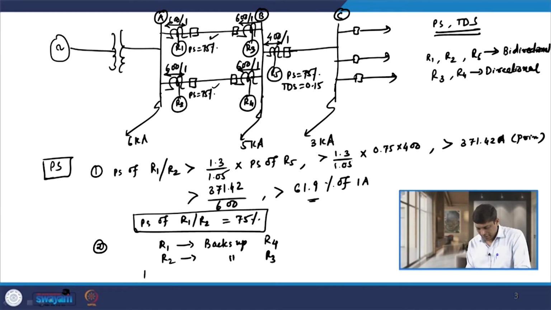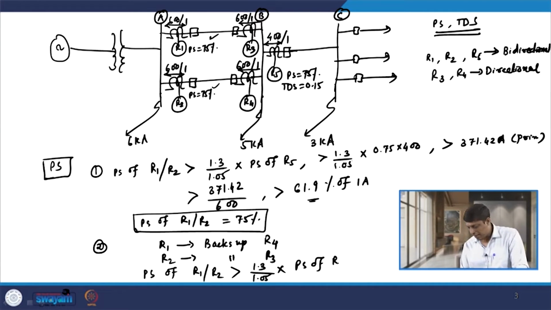So, I can write down the plug setting of R1 and R2, that is greater than 1.3 by 1.05 into the plug setting of R4, as R1 backs up R4. So, I am writing R4 first and then R3.